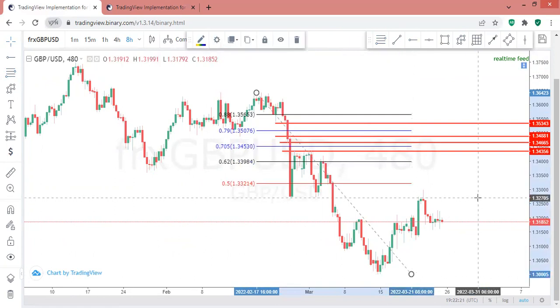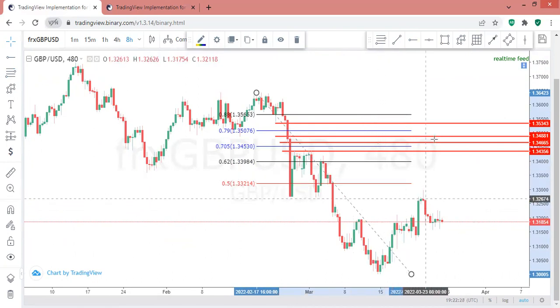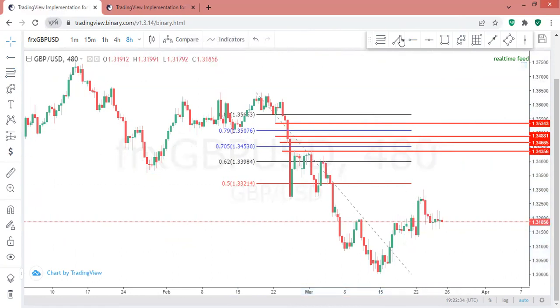Now, anything above here is my premium price. So yes, I'll be looking for price to come all the way up and fill either of these imbalances.